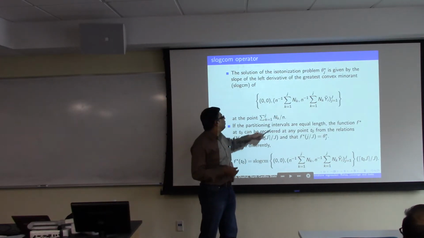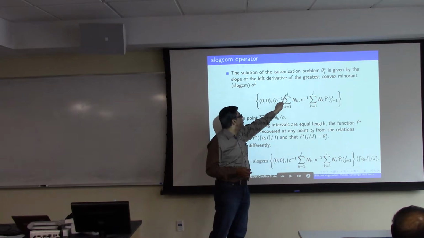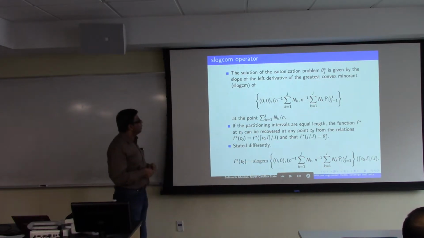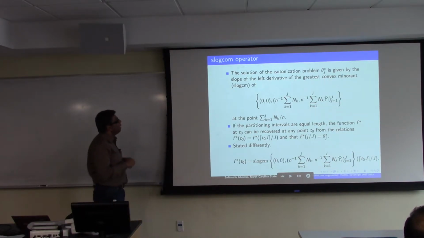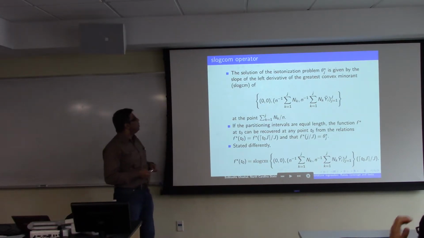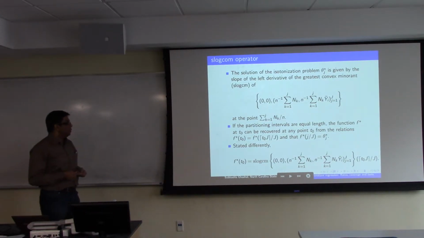These are the frequency up to j, and this is the weighted sum up to j. Then we put these points together and find the greatest convex function that lies below these points, and the slope of that is the solution of the isotonization problem.